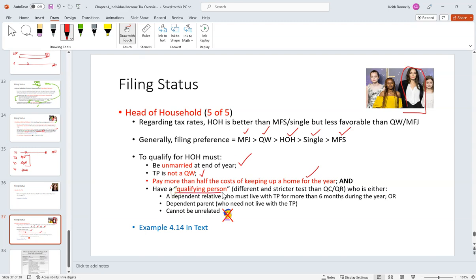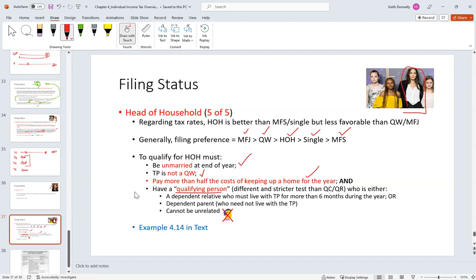And 4, you must have a qualifying person. This is a different test than qualifying child or qualifying relative. It's more strict. Essentially it's a dependent relative who must live with you for more than 6 months during the year, or a dependent parent who does not have to live with you for the entire year.